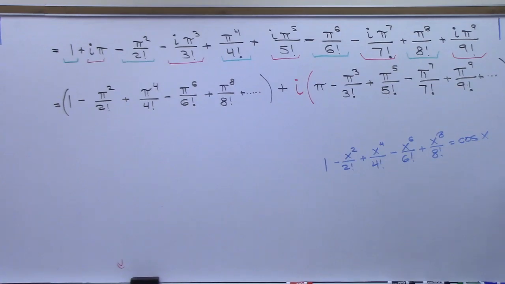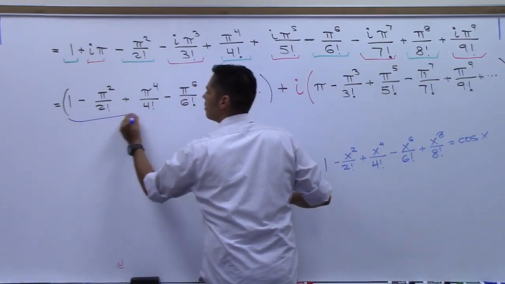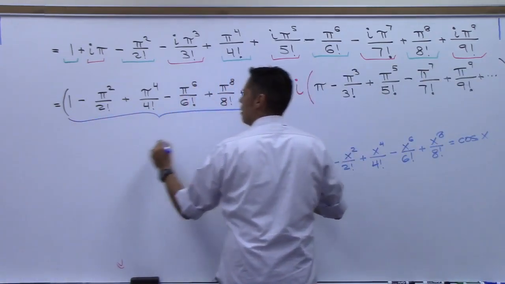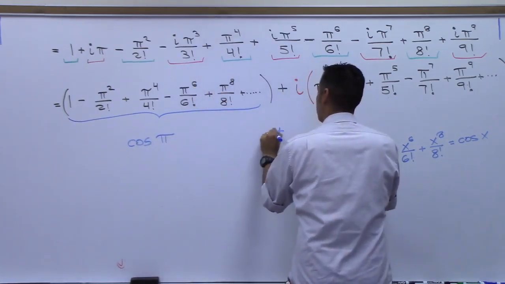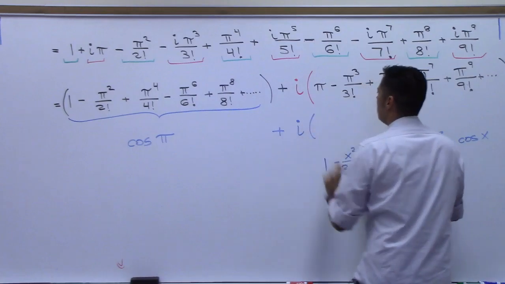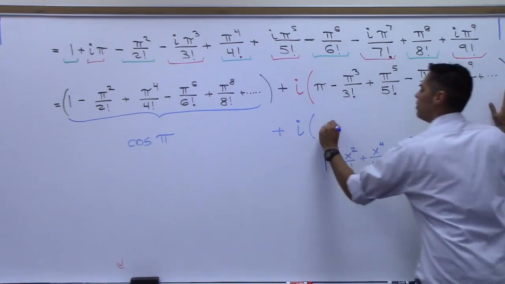But if you replace all these x's with pi's, isn't that this? Do y'all see that? So all of this is just cosine of pi, plus i times, now do you recognize this? Sine of pi. That's sine of pi, isn't it? Yep. Sine of pi.